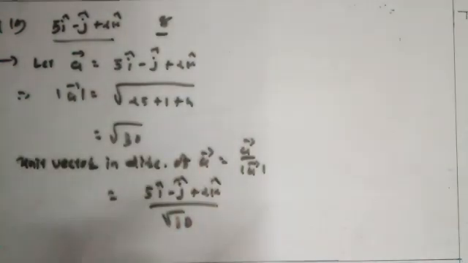Then find the vector of magnitude 8 in the direction of the given vector.